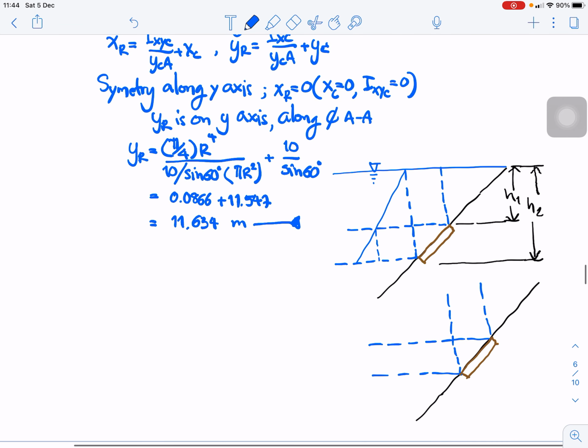And then next we take the moment about point c equal to 0.